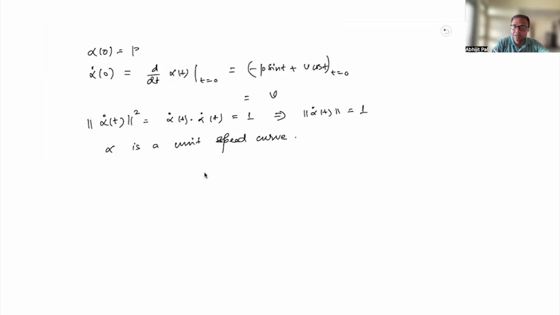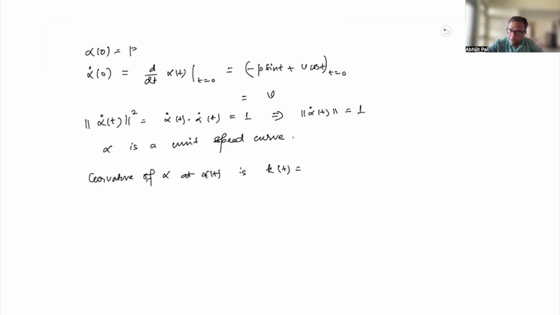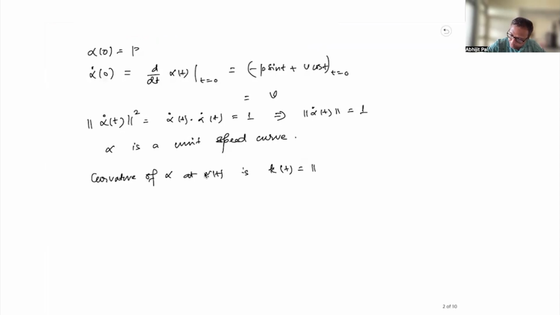And what is the definition of the curvature of this alpha? The curvature of alpha at alpha(t) is k(t) equal to the norm of alpha double dot(t).